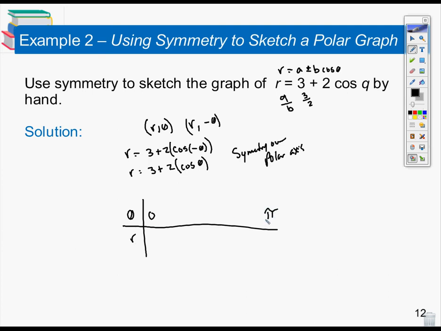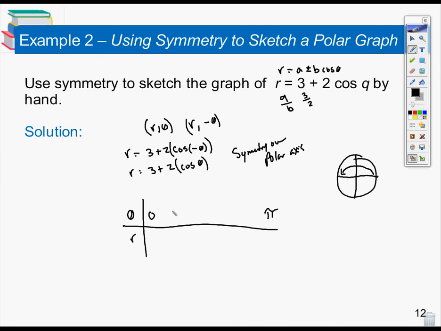Because now that I know I have symmetry over this axis right here, if I go only this far and get all of these points on the top, I know that these are just going to be mirrored, so I don't even have to worry about finding these. That's why symmetry is going to make graphing them simpler.